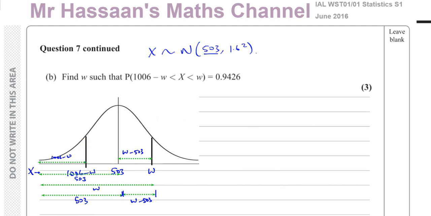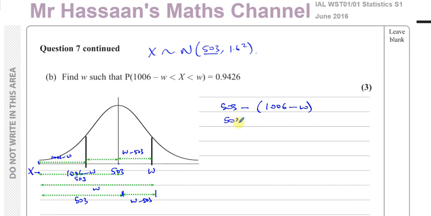So this distance here between them is going to be 503, from the beginning to this point is 503, take away the distance between here and here, which is (1006 minus W). I'll put it in brackets because there's a negative in front of it. So 503 minus (1006 minus W) will give you this length here. So let's see what that gives us.